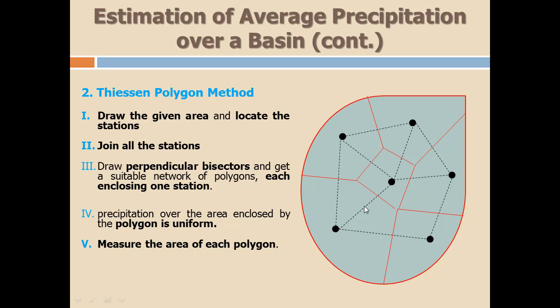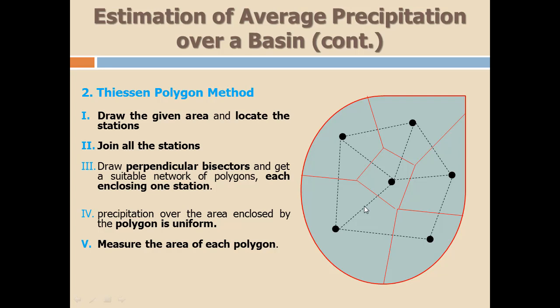If you have drawn this on a paper, or if you have a hard copy map of this, then one instrument used is the planimeter. You can use the planimeter to find out the area from a paper or from a hard map.